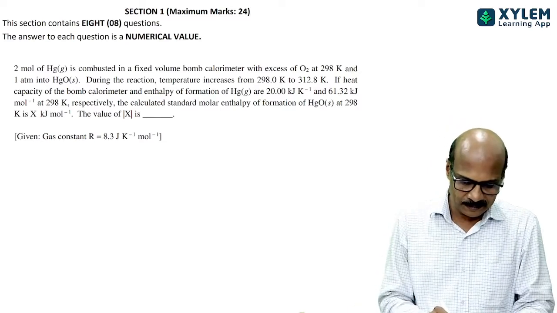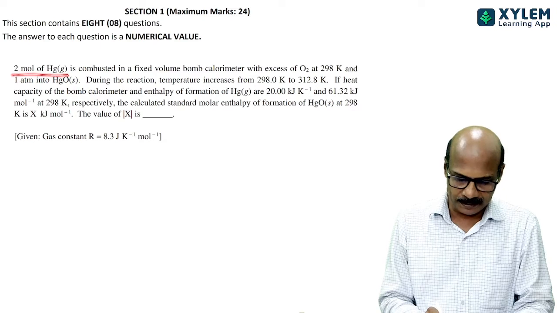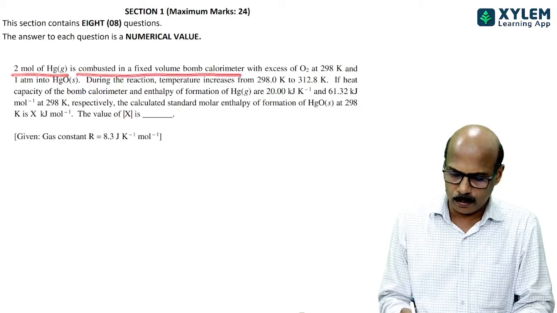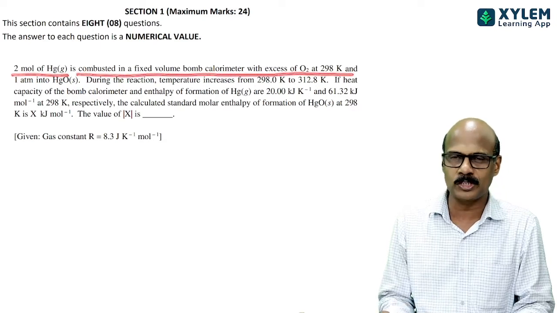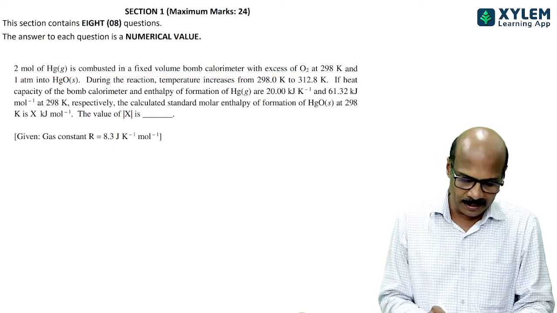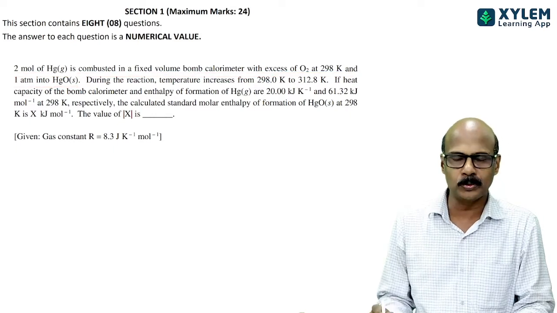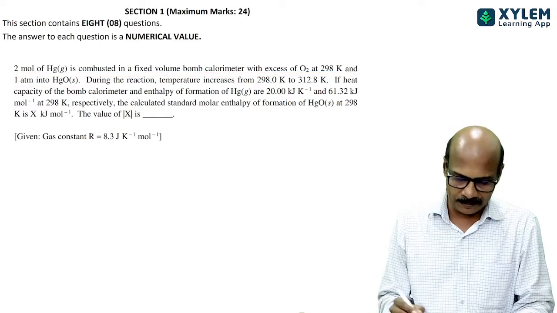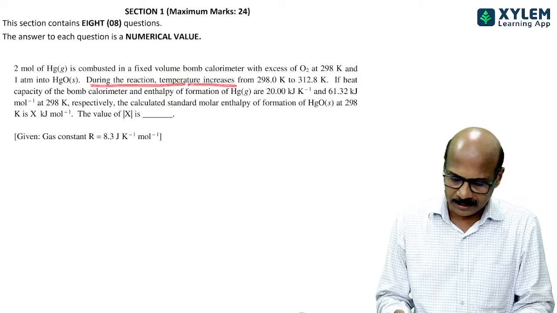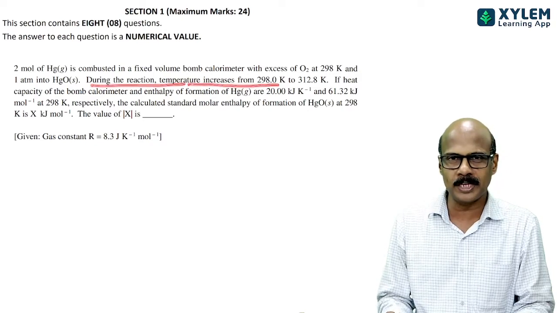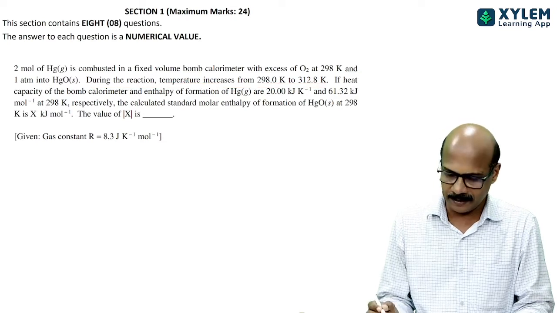The first question says, 2 mole mercury vapor is combusted in a fixed bomb calorimeter with excess of oxygen at 298 Kelvin and 1 atmospheric pressure to mercuric oxide solid. During the reaction, temperature increases from 298 Kelvin to 312.8 Kelvin.